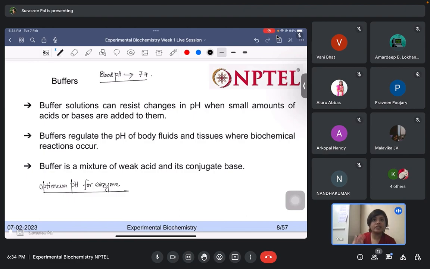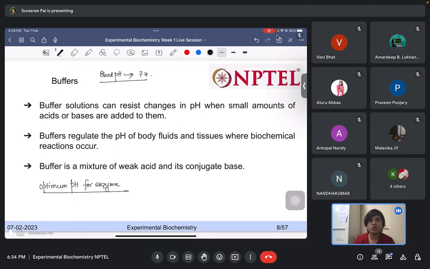So to maintain their structure and function, there should be a constant pH maintained in our body. And if we are doing any biochemical experiment, and if we are working with, for example, proteins or nucleic acids, we should also maintain that pH in our in vitro conditions, right? In vitro means when we are doing the experiment in tubes, outside the body or outside any organism.